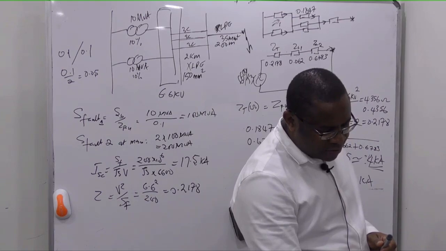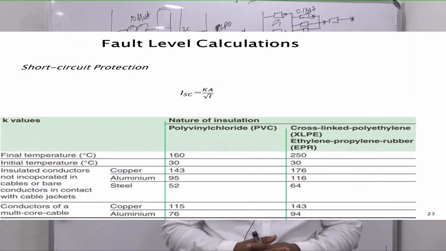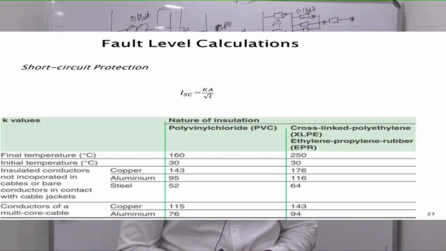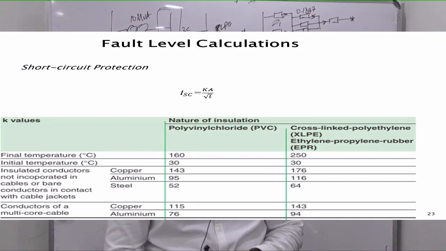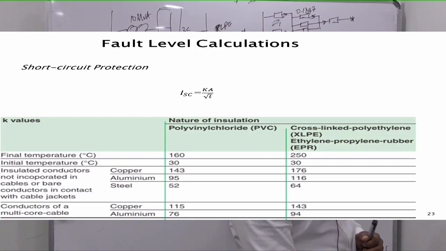Now look at this table. So for XLPE cable, for copper, we use 143, that's for multi-core cable. You can see 143 in the third column. So 143 has a value of K.